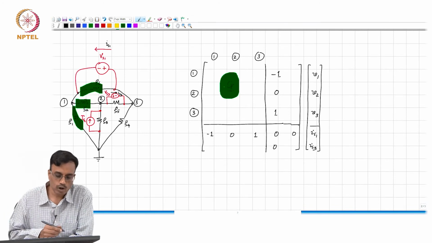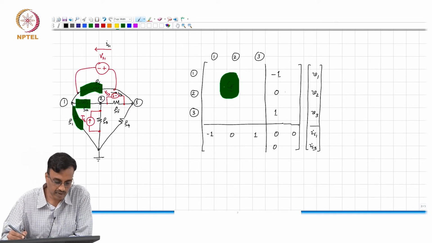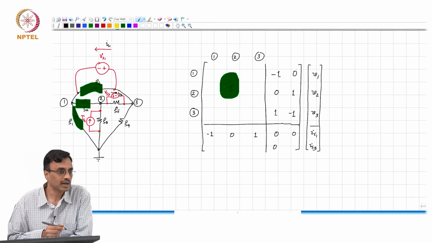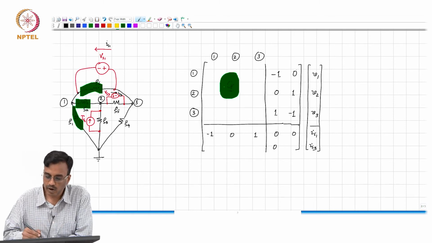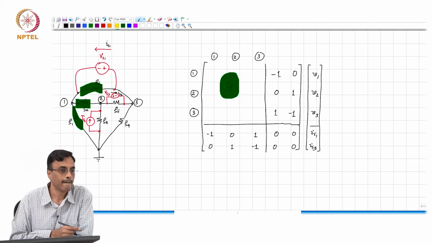VS3 goes between nodes 2 and 3. So, basically it must be 1 and minus 1, correct? Is that clear, people? And likewise, what should this new row be? 0, 1, minus 1 and this is 0, all right.